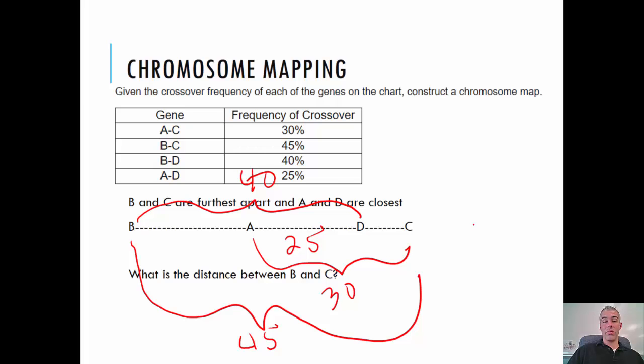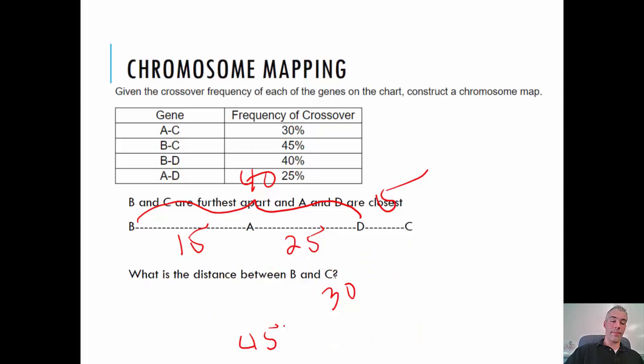That means the distance between C and D must be 5. And what's the difference between B and A? If we take A and D is 25 and B and D is 40, then the difference between these two must be 15. And you can actually figure that out that way. So it's kind of just like a little puzzle.